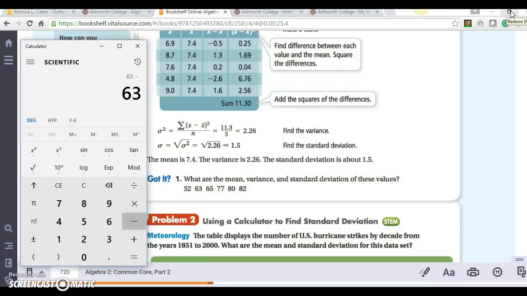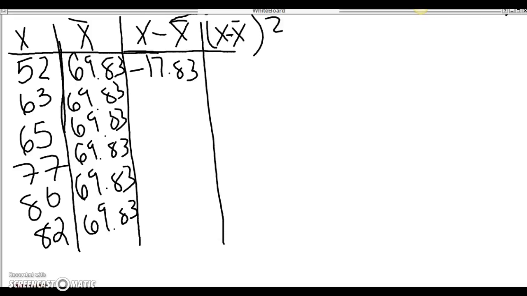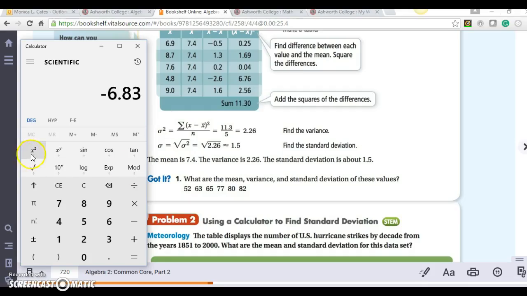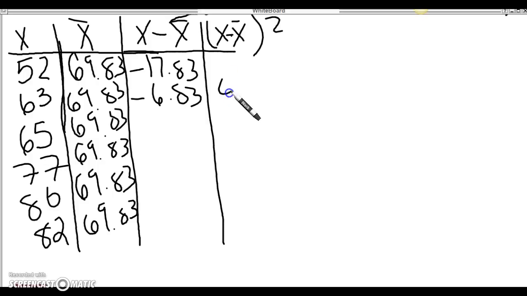I'm going to have 63 minus 69.83. I get negative 6.83. And actually, let me go ahead and square it while we're here. Let's square it and we get 46.65. Let's go back and square the other one.